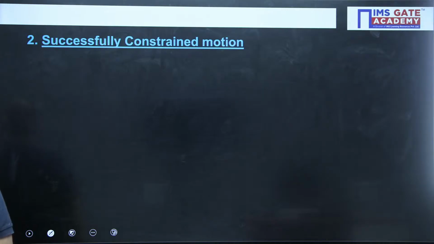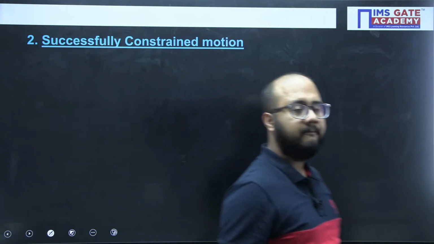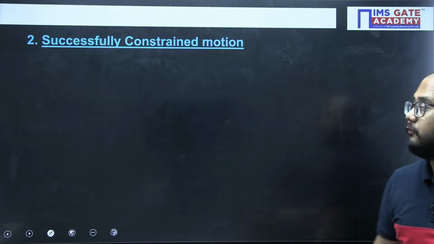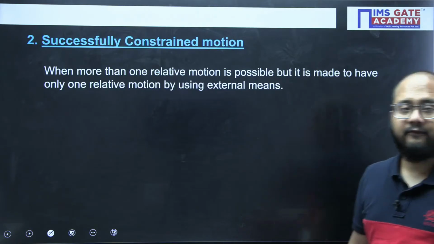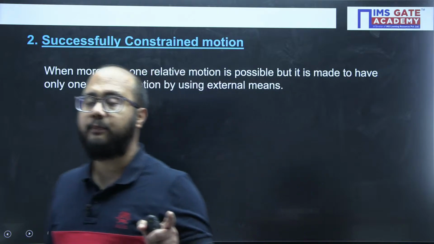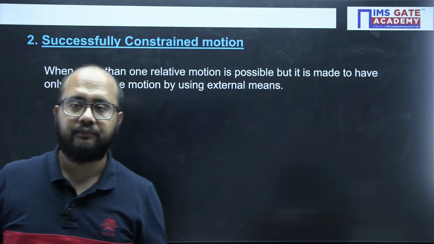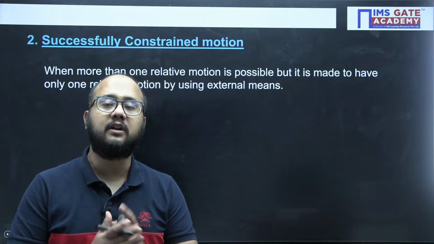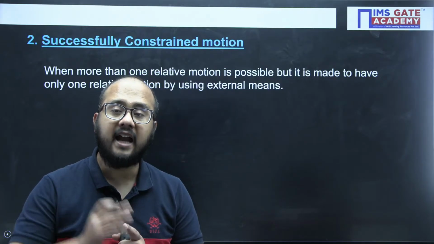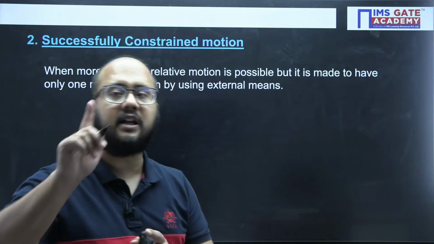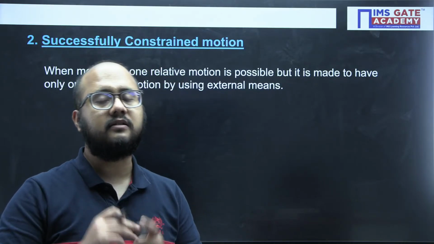Second is successfully constrained motion. What do you mean by successfully constrained motion? When more than one particular type of relative motion is possible and it is made to have only one particular type of relative motion, then it is called successfully constrained.